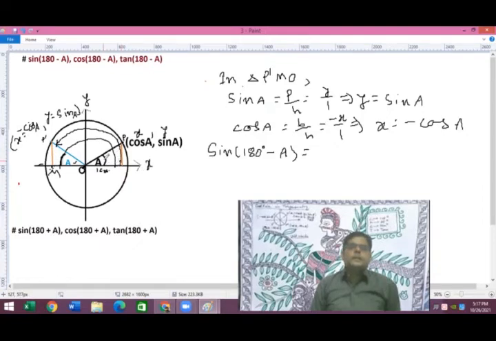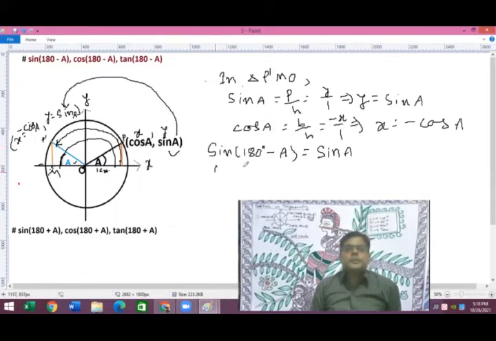When it was A only, here it is sin A as the y coordinate. Now when it is 180 degrees minus A, sin 180 degrees minus A is still sin A. Now what about this cos A? So here it is positive cos A.